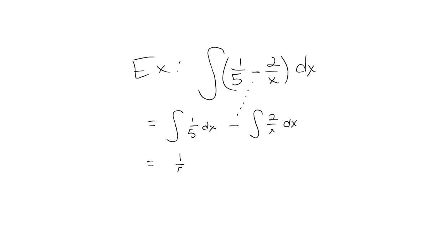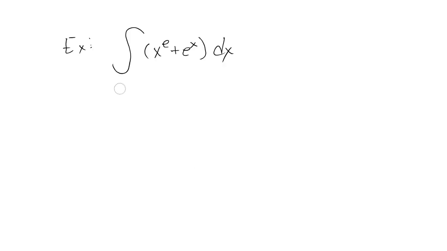That is equal to 1/5 x. On the second term, we're going to pull out that 2 using the constant multiple rule. And once we pull out that 2, we have one of our rules exactly, the integral of 1 over x dx. And that's equal to natural log absolute value of x, and we need our plus c for the family of antiderivatives.